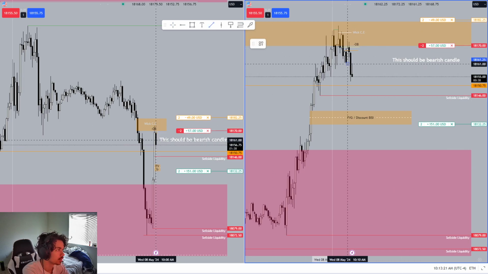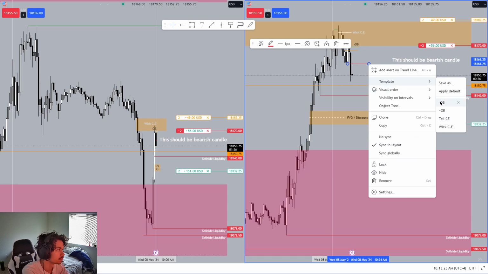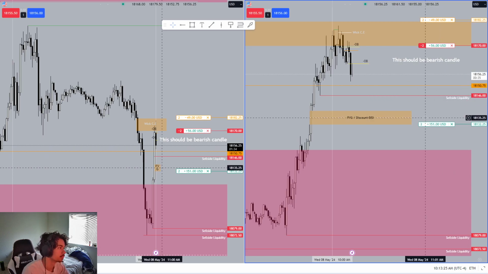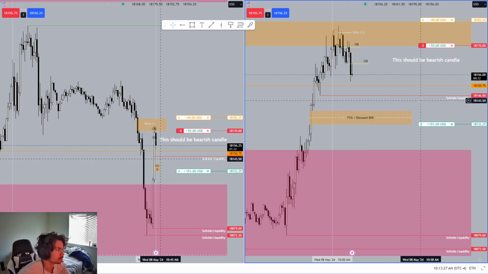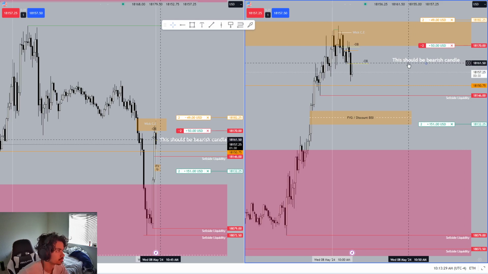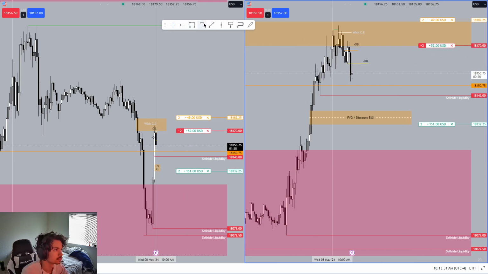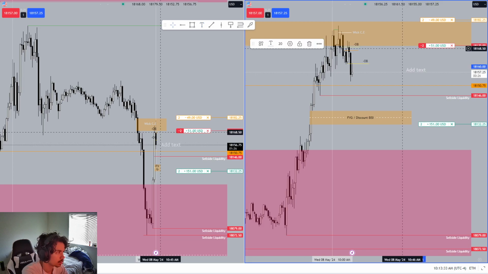This is exactly what I mean. Order blocks, order blocks, order blocks. If I could type.